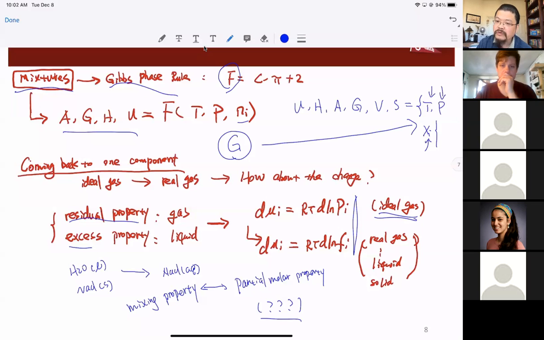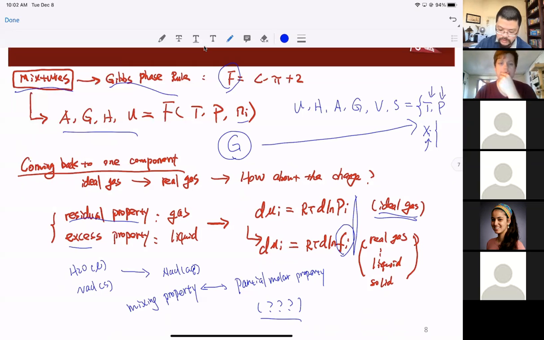And this is indeed how we derive the fugacity with the help of Lewis, right? So the fugacity equation is not derived, it is actually just following the natural understanding of the ideal gas, and by comparing to the ideal gas equation, we say, well, for real gas, for real liquid, for solids, let's try to come up with a similar equation to the one for the ideal gas. So there we have this chemical potential is RT d log fi.